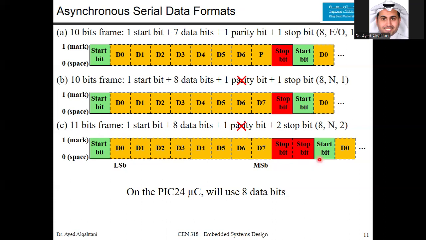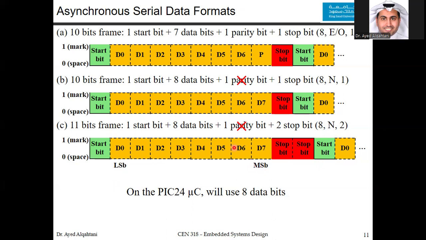Then another frame starts, and it is called 8, N, 2, and you can see the difference. Now we have 2 stop bits. Now you should know, for this way of communication, you send the least significant bit first, and it is also read by the receiver first. So the least significant bit, followed by other bits until the most significant bit of the data.